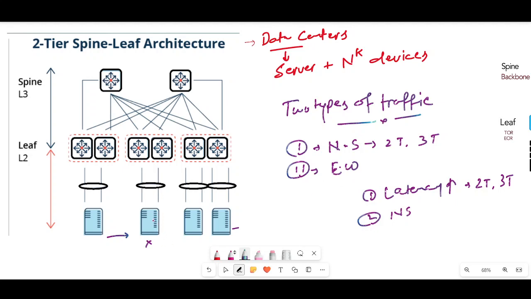Suppose this connection is down, then if you provide connectivity to another server with the same replication, you will get a better way to communicate, and there will be no bottlenecks. So spine leaf architecture plays a very important and vital role, because the data center is everything for communication, because servers store everything.